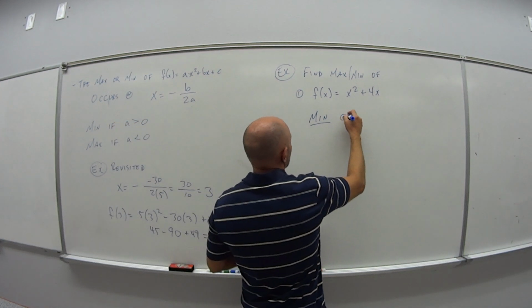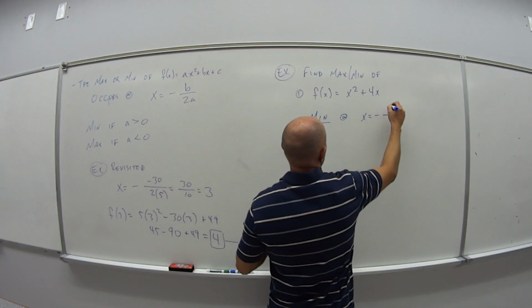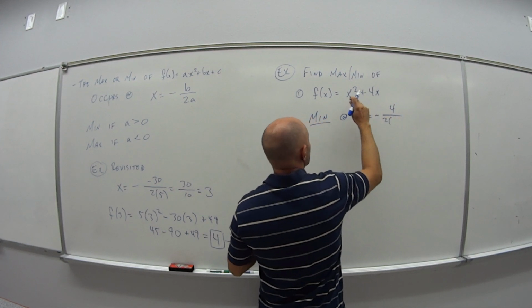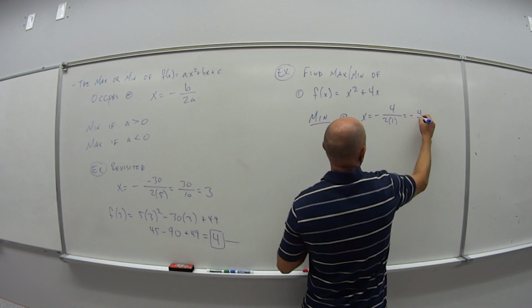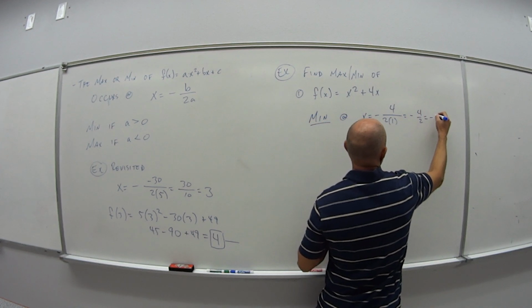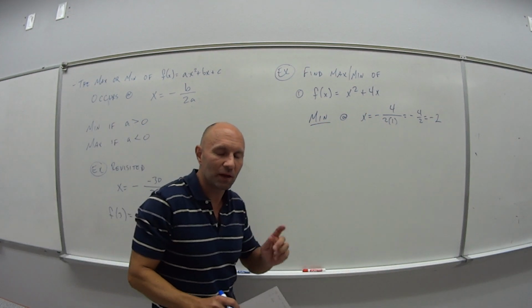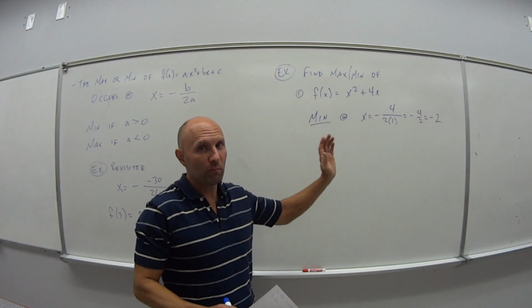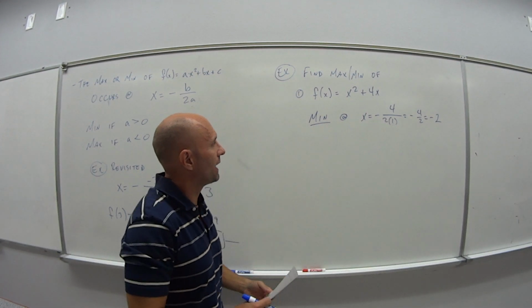So the minimum is at x equals negative b, which is positive 4, over 2 times a, which is 1. So this is negative 4 over 2. 4 divided by 2 is 2. So this occurs at negative 2. Now again, be careful. That's not our minimum value. That's where it occurs, when x is equal to that point.